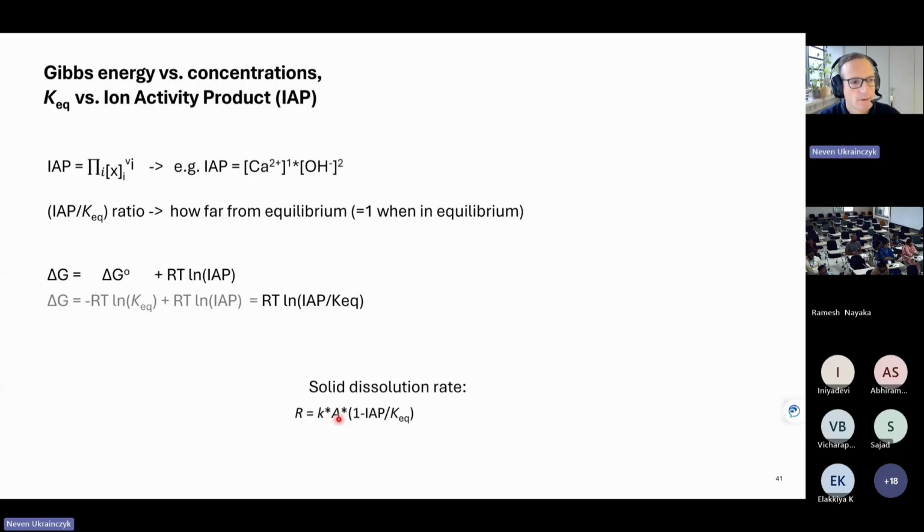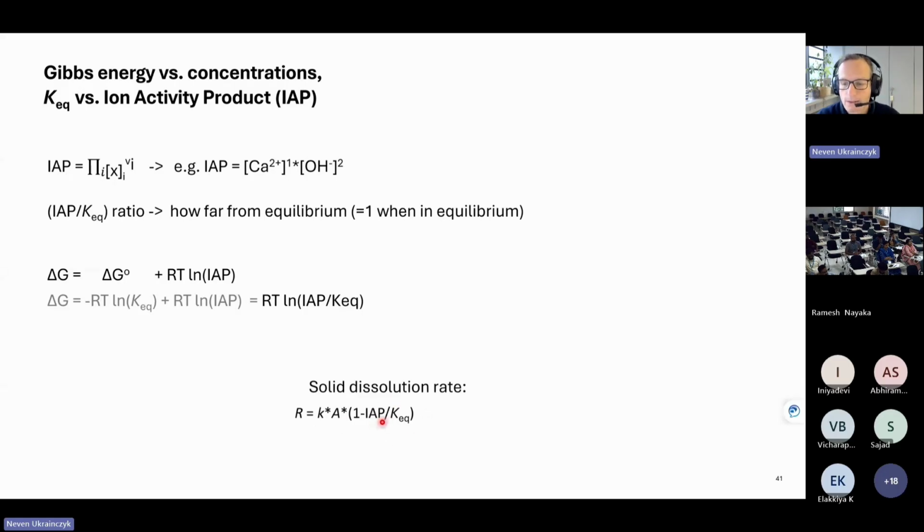That's why the higher the surface area of clinker, the more reactive it is, and the hydration reaction is faster. It's proportional to the constant. This is the fundamental reaction constant. Surface area, you can measure it. And this is the thermodynamic driving force. So this is basically how far you are from the saturation.